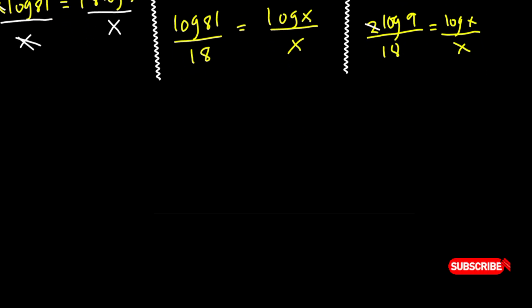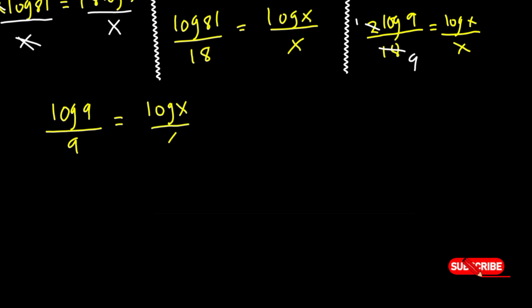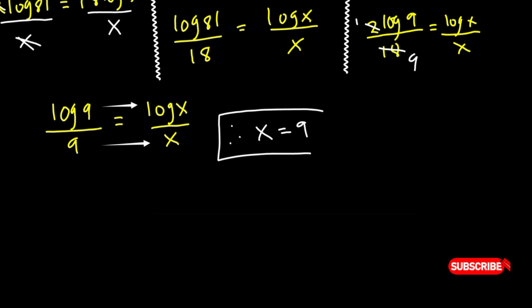We can easily cross this out: 2 over 1 and 2 in 18 gives us 9. Then we rewrite it as log 9 divided by 9 equals log x divided by x. And by careful observation, we're going to find out that x equals 9. Correct answer.